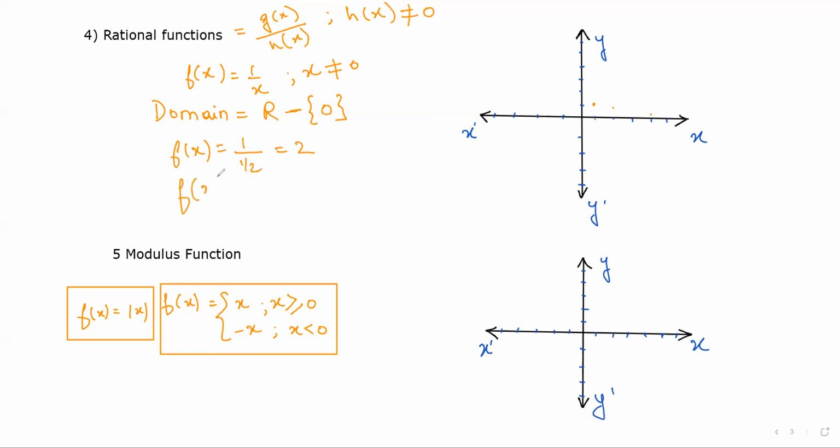For x equals 1 by 3, it is the inverse of 1 by 3, or 1 upon 1 by 3, which equals 3. So this value of f of x is increasing as you decrease the value of x. In short, we'll end up with a graph like this.